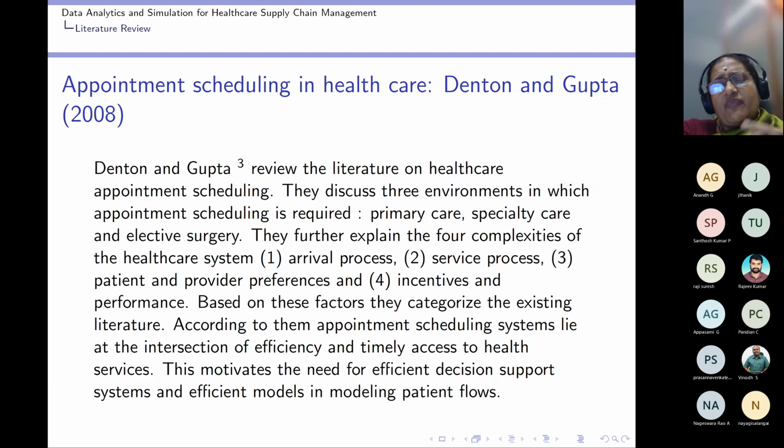So when we looked at this problem, we saw that there is a very good research problem from a researcher's perspective, and from a social perspective also, this healthcare delivery system or patient scheduling is a very, very important problem for us to address.